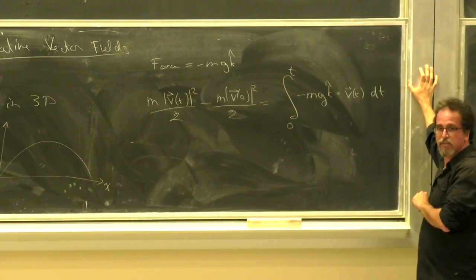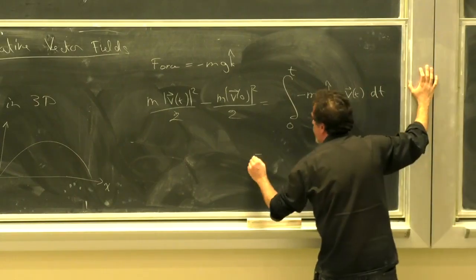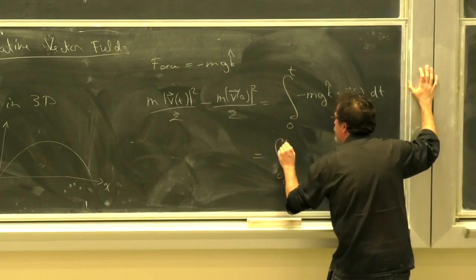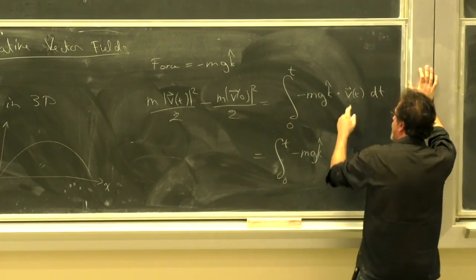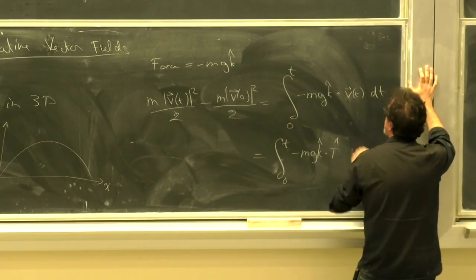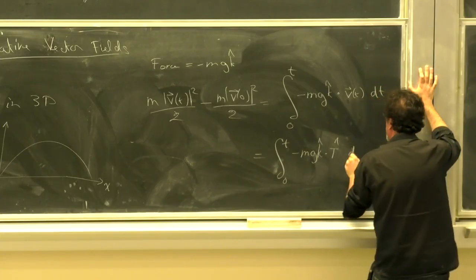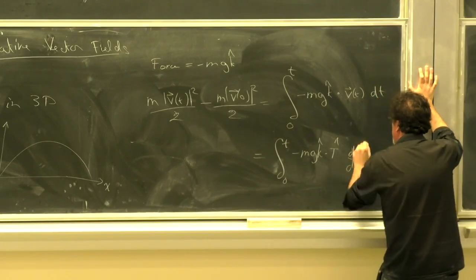Well, v is dr dt. And so this right-hand side is equal to the integral from 0 to t of negative mg k hat times the tangent vector t hat times the magnitude of dr dt, integrated dt.